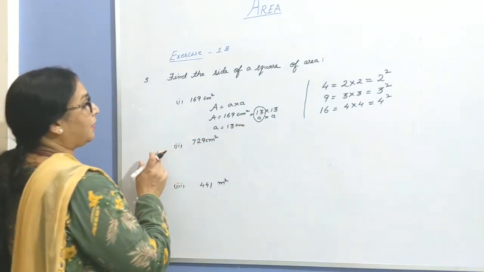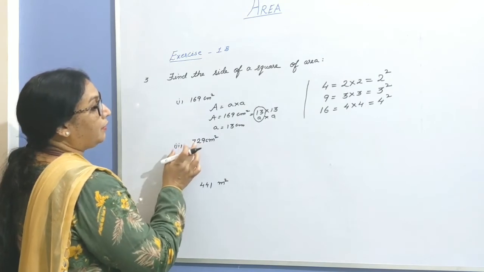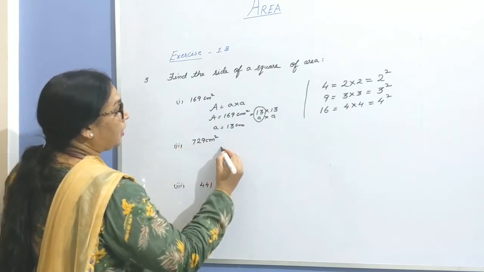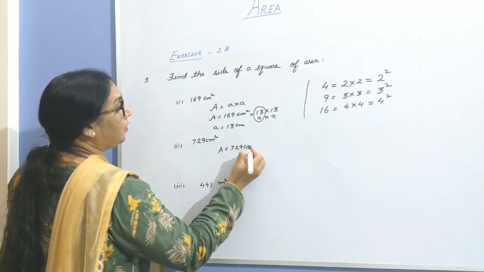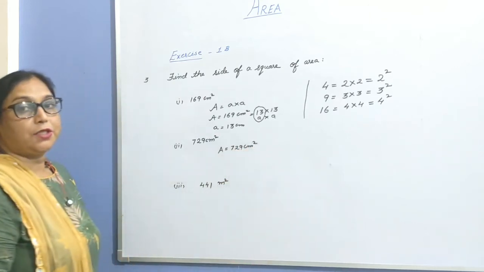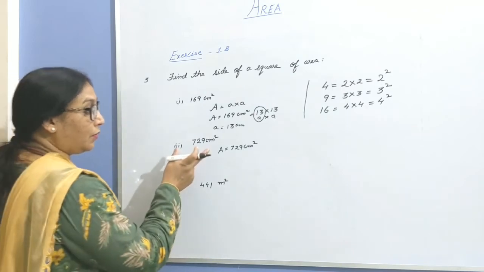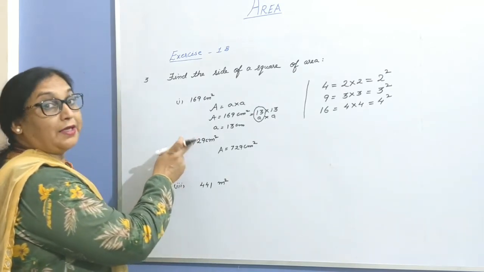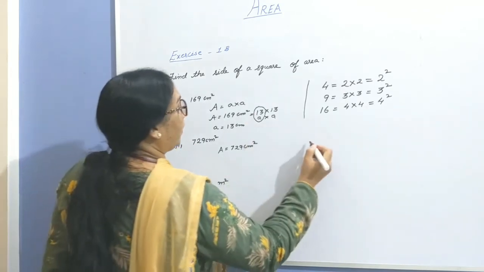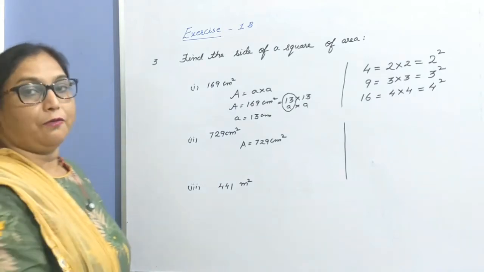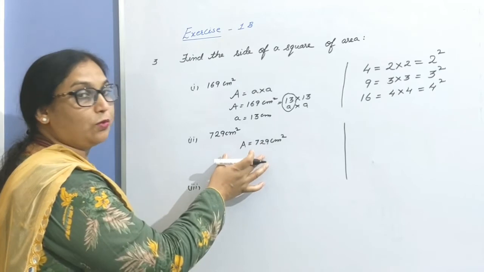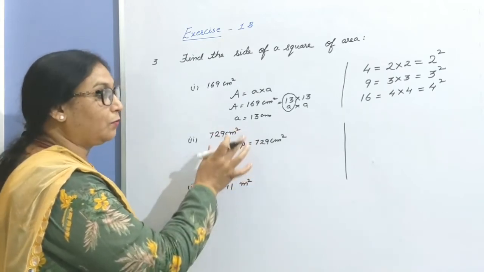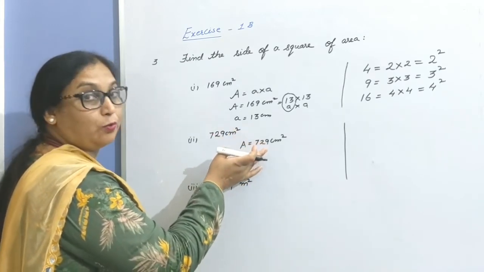Now let's move to the next number, 729. The area of the square is 729 centimeter square and the question is to find each side. So let's first find its prime factors, the easiest way. Children, when you are provided a large number and the question is to find each side, the best way is prime factorization.